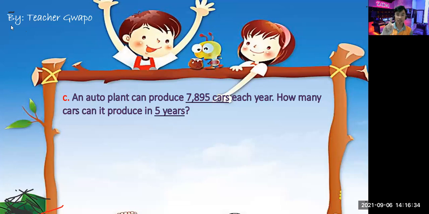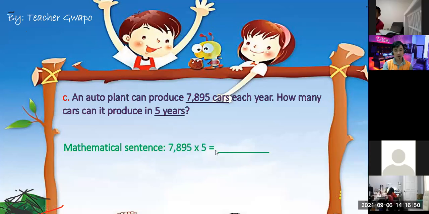Because in 1 year, the auto plant can produce 7,895 cars. Now we will know in 5 years. So what we need to do here is we will just multiply.